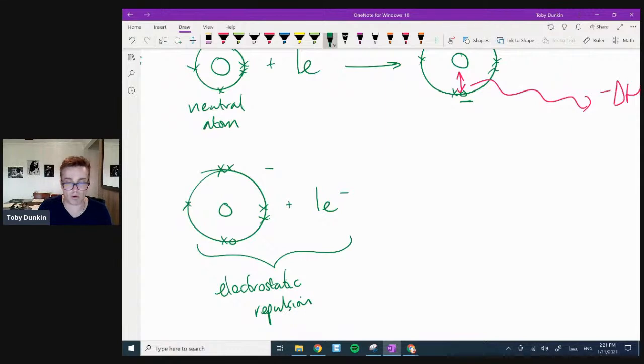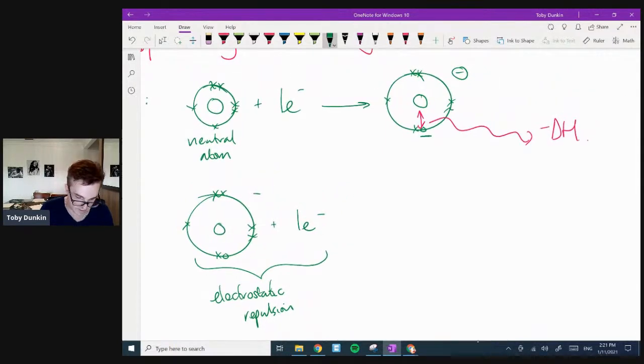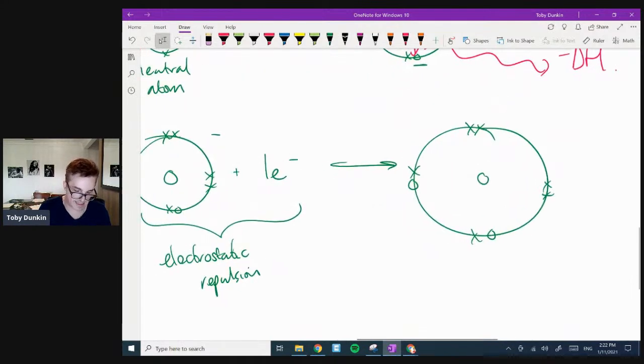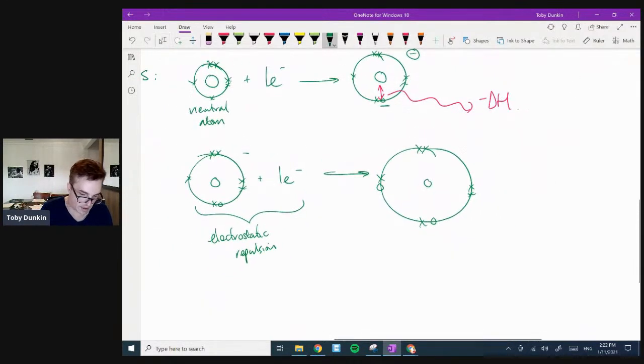It's way more repulsive than the energy that's going to be released from the bond itself. It's going to become even larger, balloons even bigger, because when you gain an electron you increase in size. There's more electron-electron repulsion within the outer shell. Now, this is massively endothermic, positive delta H.